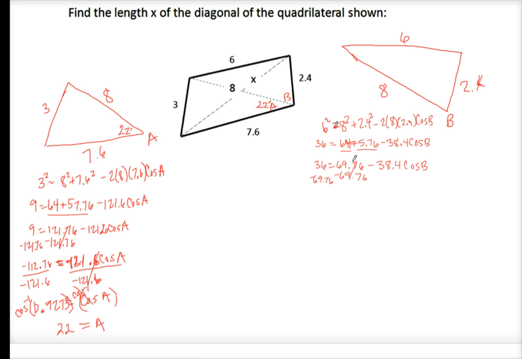We're going to subtract 69.76 from both sides. 36 minus 69.76 gives me negative 33.76, and that's equal to negative 38.4 cosine B. We need to get B by itself, so this is multiplied here, so we do the opposite and divide by negative 38.4.